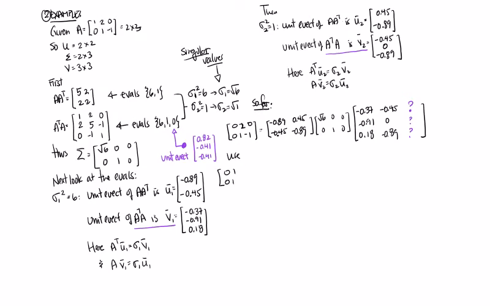Oops, there should be a 2 right there. Also, this should be a transpose right there. Just a bad habit of mine to forget to write that. So now we can fill this in.